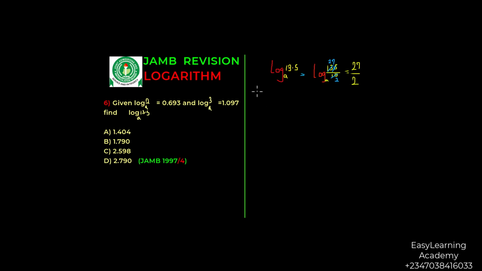We can rewrite this in our logarithm, obeying the law of logarithms. The numerator will be the first log, log 27 base a.